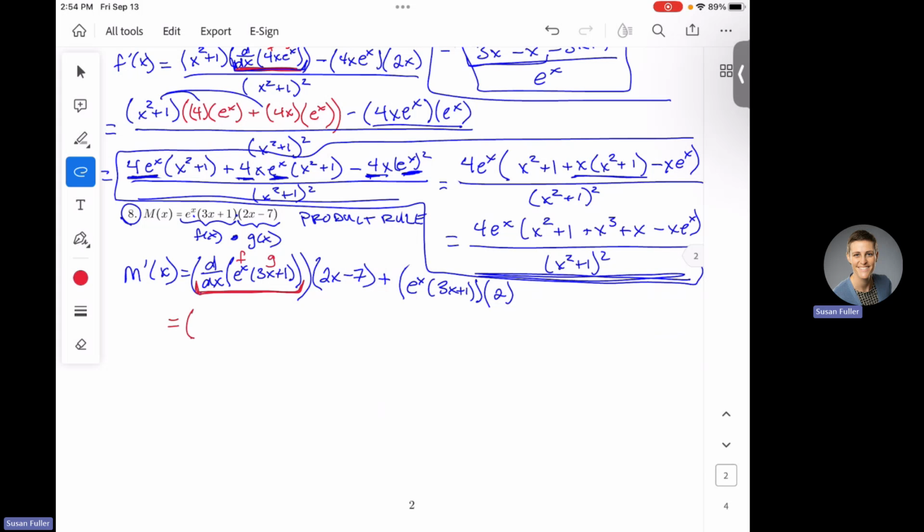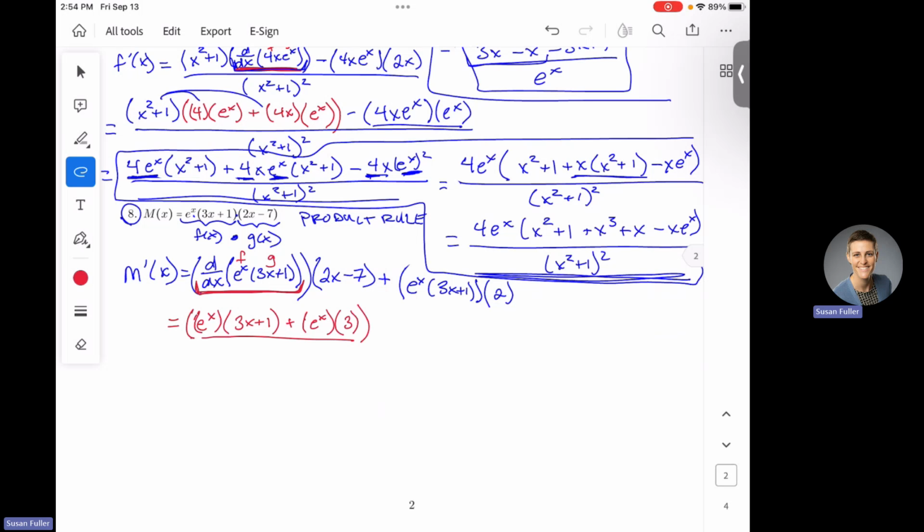Again, product rule says I'm going to do f prime, the derivative of the first. Derivative of e to the x is e to the x times the second as is, 3x plus 1, plus the first as is, e to the x, times the derivative of the second. The derivative of 3x plus 1 is just 3.